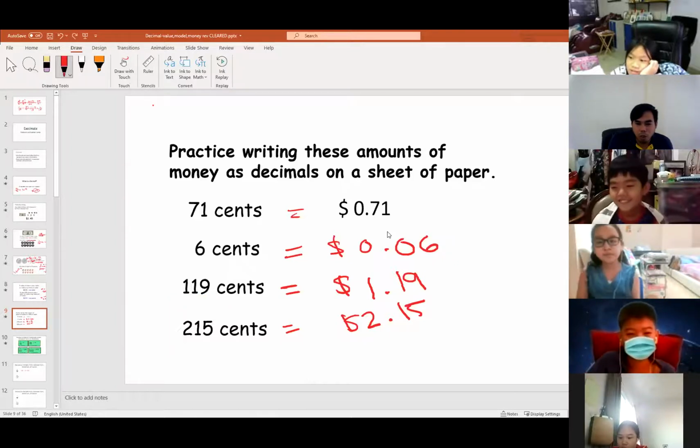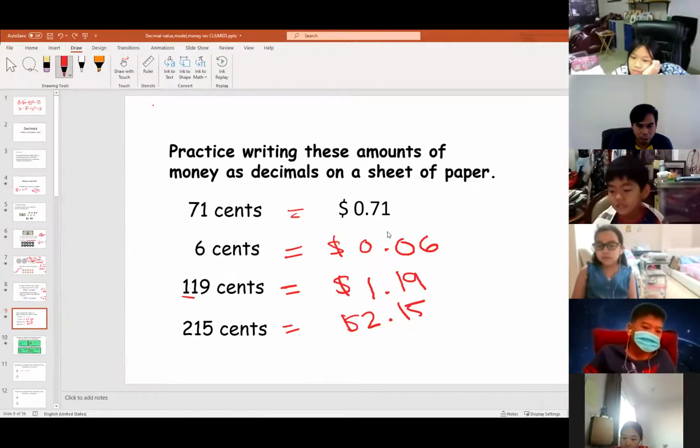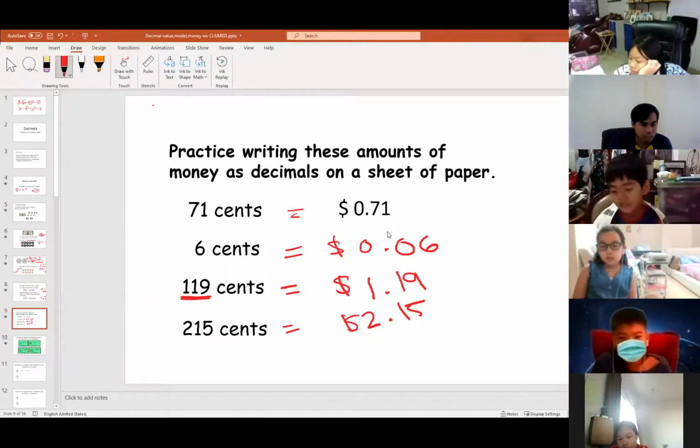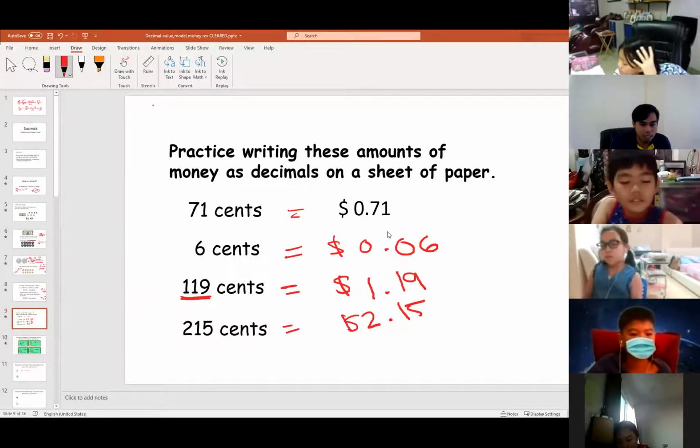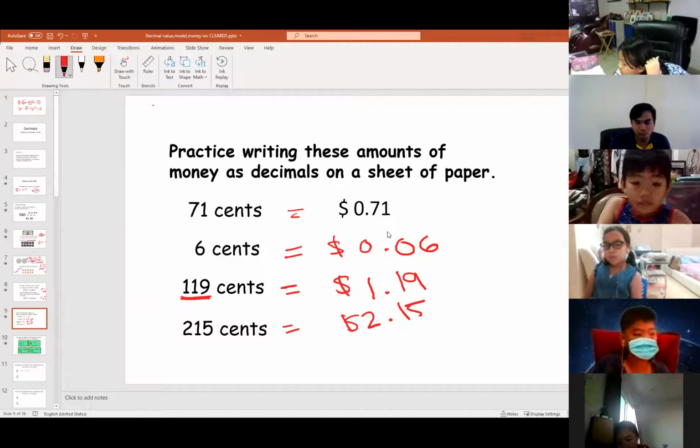The reason why we know it's $1.19 is because it is already past 100 cents. So when you make it to 100 cents, it becomes $1. The rest of the 19 cents is now a decimal number, 0.19.